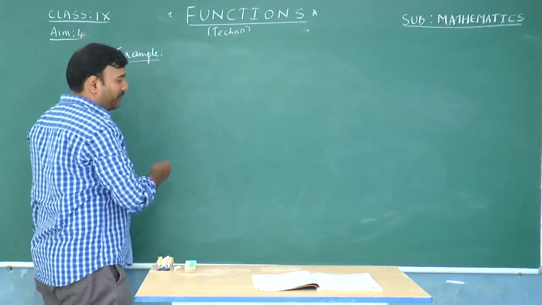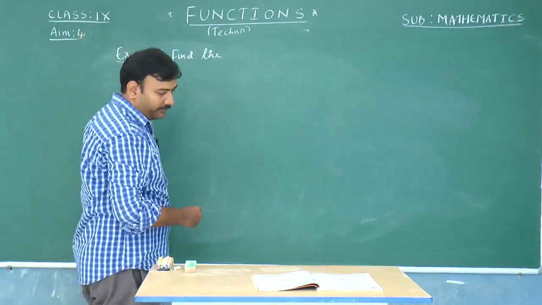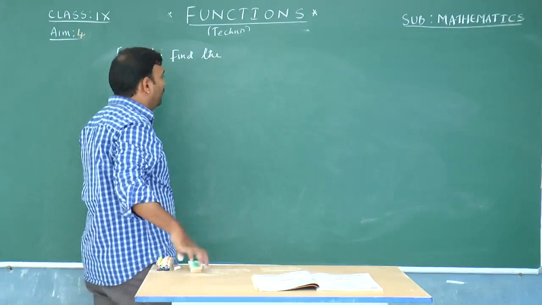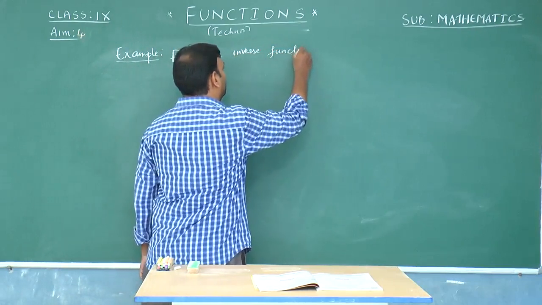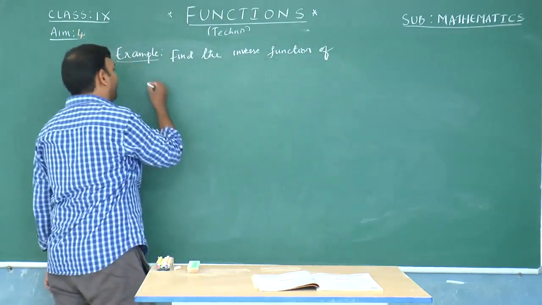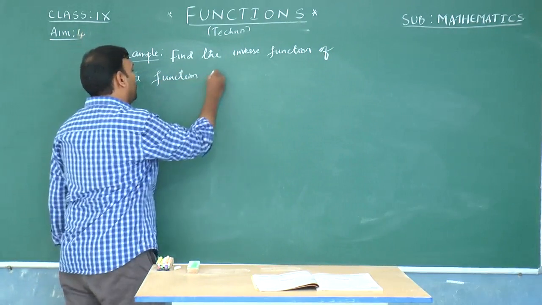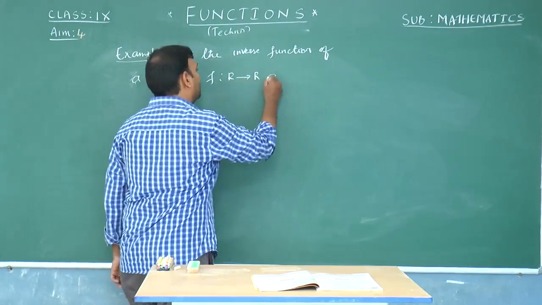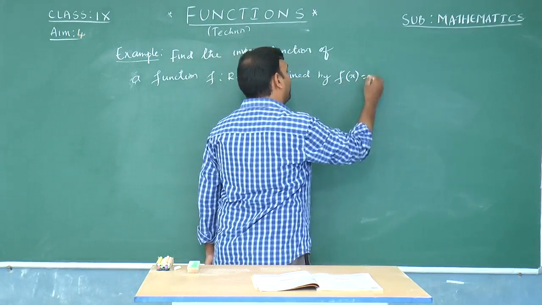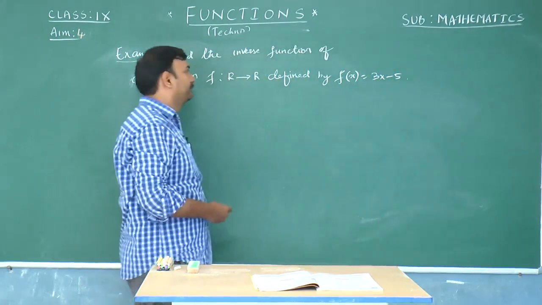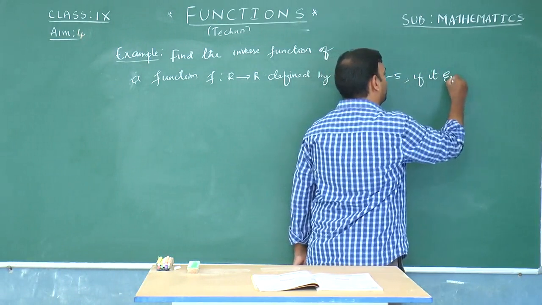So the question is: find the inverse function of a function f that maps R to R, defined by f of x is equal to 3x minus 5, if it exists.